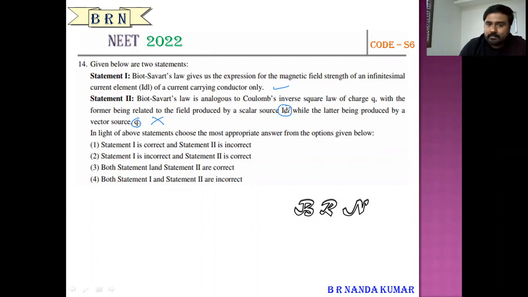Idl is vector. So this is vector and this is scalar. They have given it in reverse, so this is the wrong statement. Statement 1 is correct. Statement 2 is incorrect. The right answer is option 1.